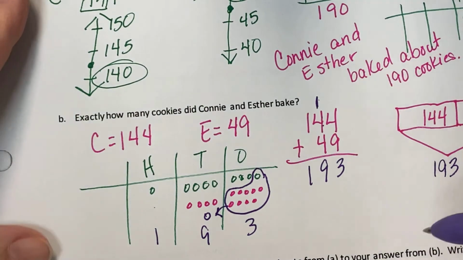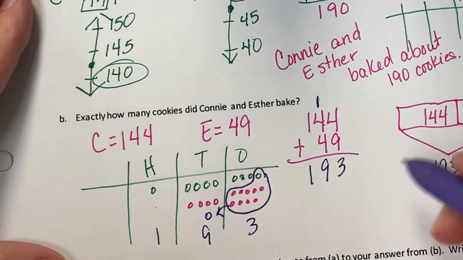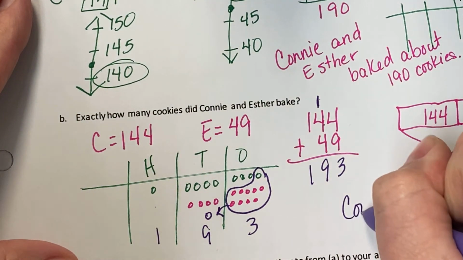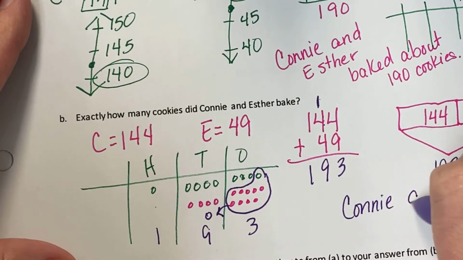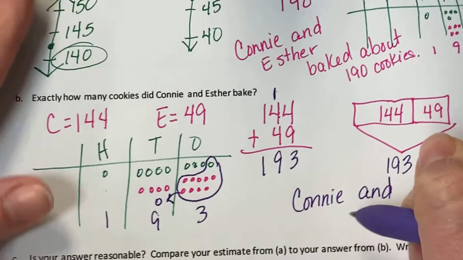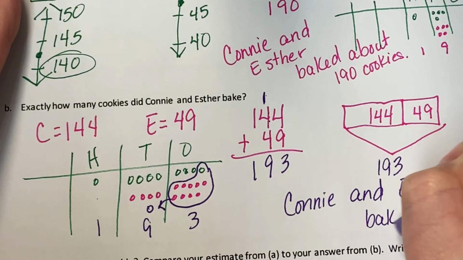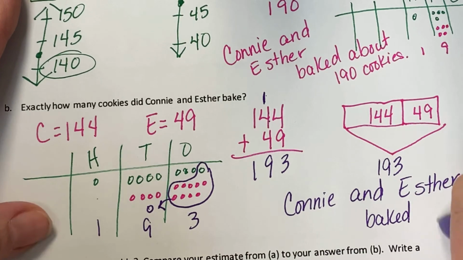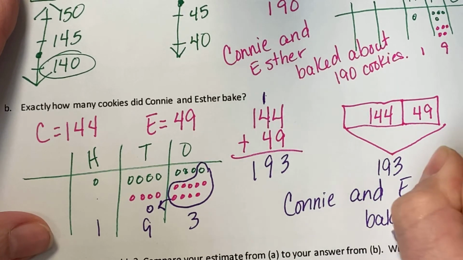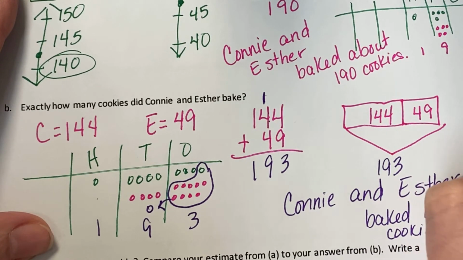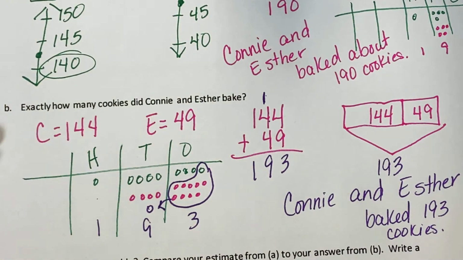So exactly how many cookies did Connie and Esther bake? I would have to say Connie and Esther baked 193 cookies. I didn't use the word about in there.